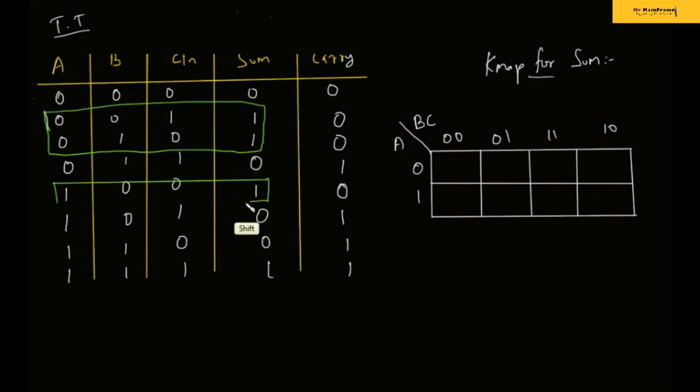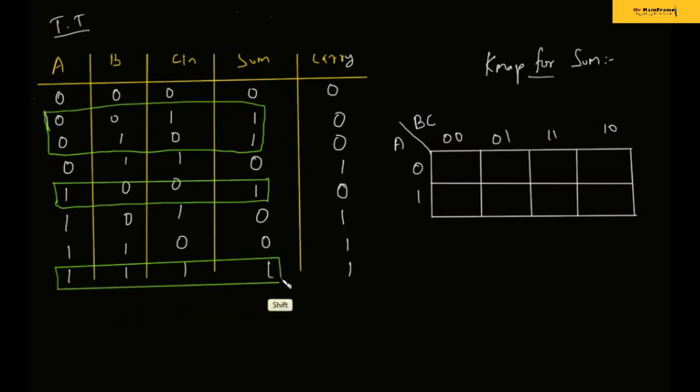We will highlight that also. So these are the 4 points where you are getting that sum is high.